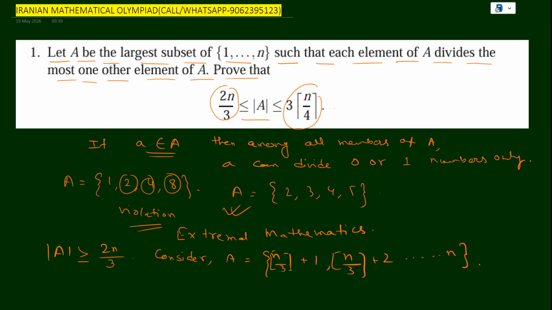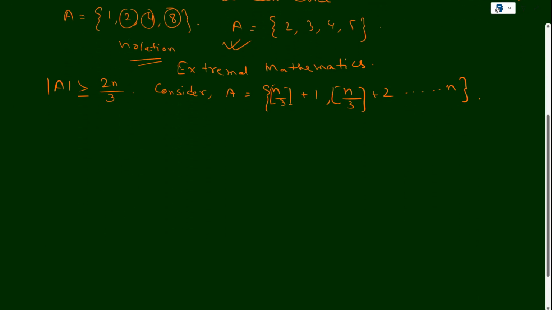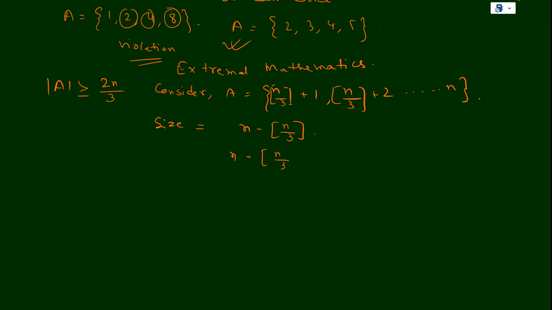Now count them. So size is n minus n by 3, right? And we know n minus n by 3 is greater than or equal to 2n by 3, right? So numerically we are safe. But is this set legal? That is the real question here.